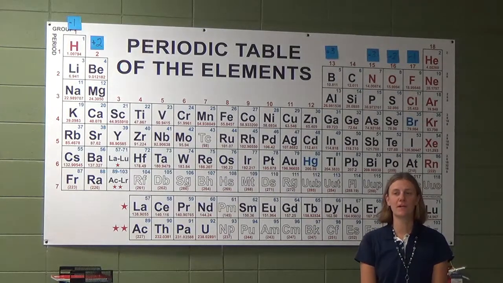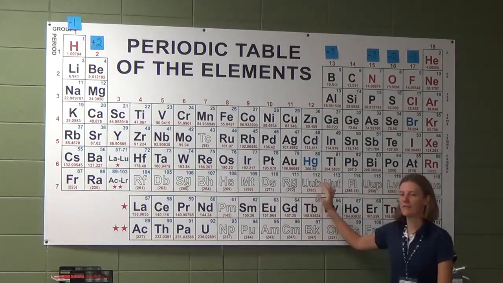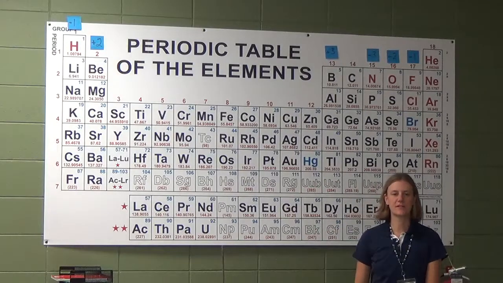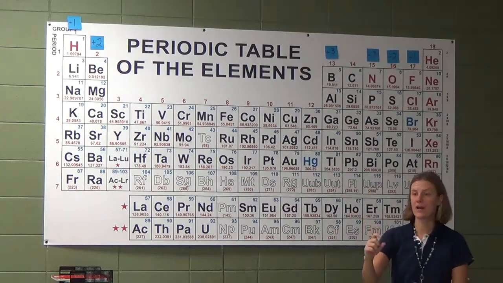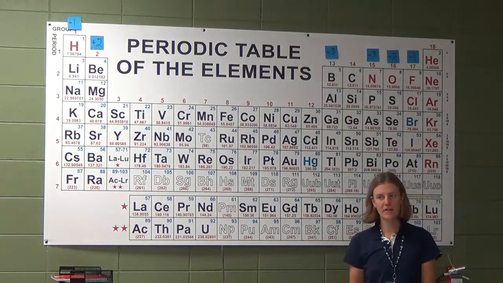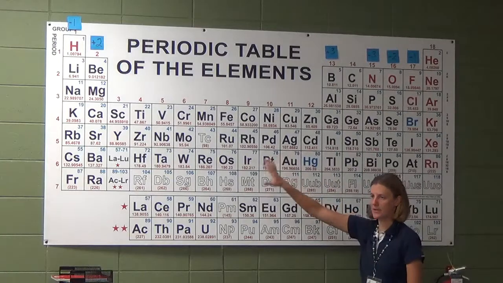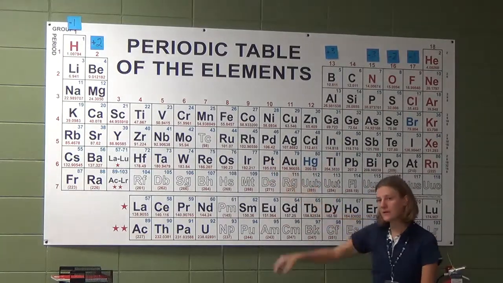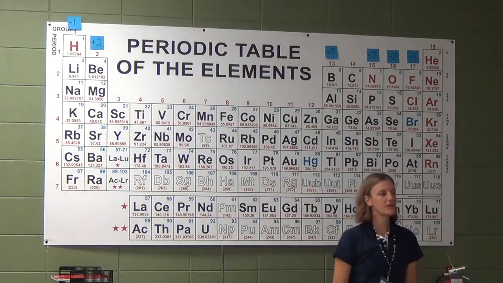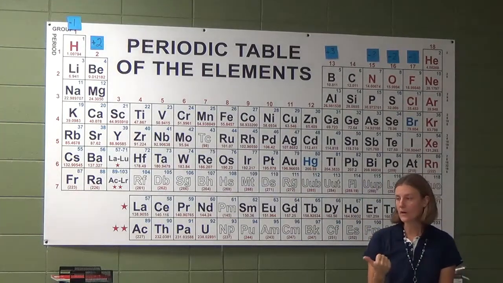Anyway, your project is going to be to come up with a sculpture that has 10 elemental metals, 10 metals that are elements. So every year we come across a problem of somebody saying, I have brass in my project, and counting that as one. Well, if you have brass in your project, that's okay, but don't count it as brass, because you will never find brass up here. Brass is not an element, but brass is an alloy. So you could have something that's brass and tell me that copper's in it, or zinc.